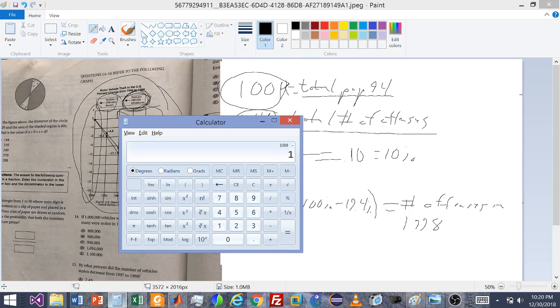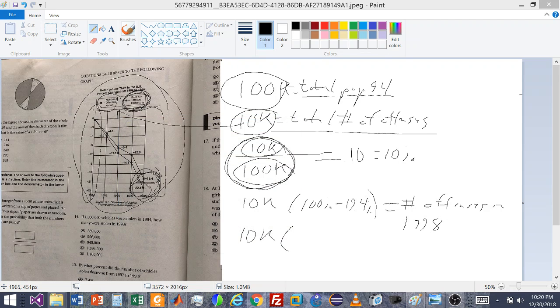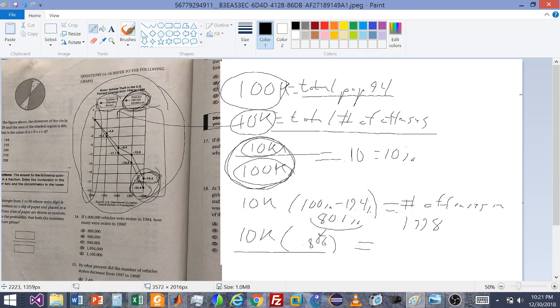100 minus 19.4, 80.6. So this is 80.6% here. Okay, so 80.6%. So now I just convert that to decimal, 0.806, and then I can finally carry out the multiplication here to find the number of offenses in 1998 based on the fictitious numbers we used.